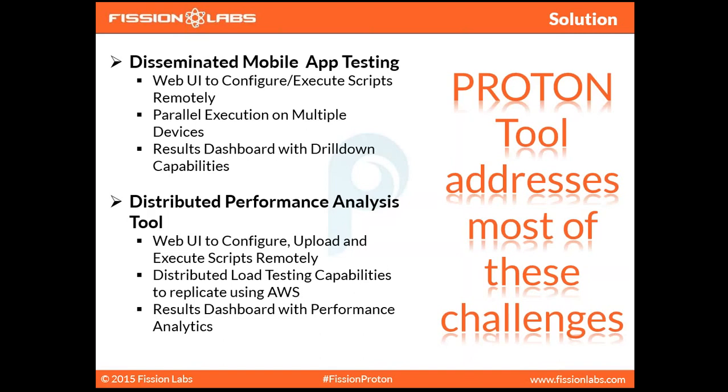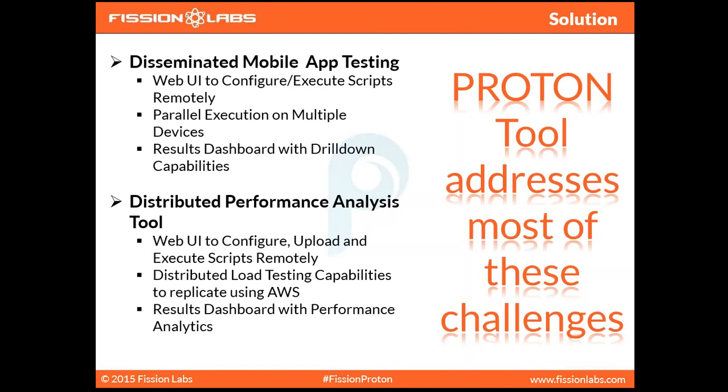The next one is the distributed performance analysis tool. As I was explaining in my earlier slides, performance testing or performance validation of the application is a bottleneck in agile methodology because of the shorter duration. Why?